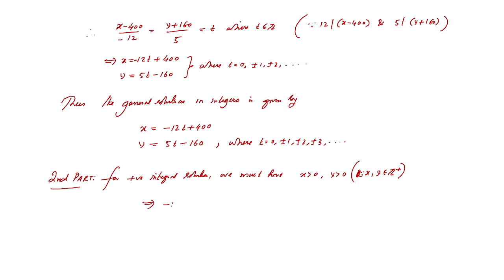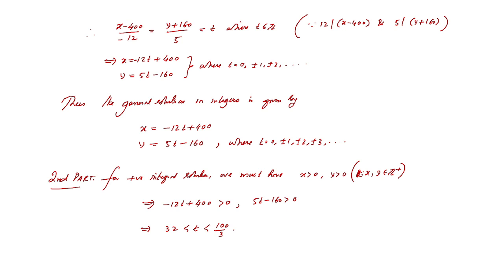So that implies x, that means minus 12t plus 400, is greater than 0, and 5t minus 160 is greater than 0. That will hold simultaneously. And from that what we will get? 32 less than t less than 100 by 3.